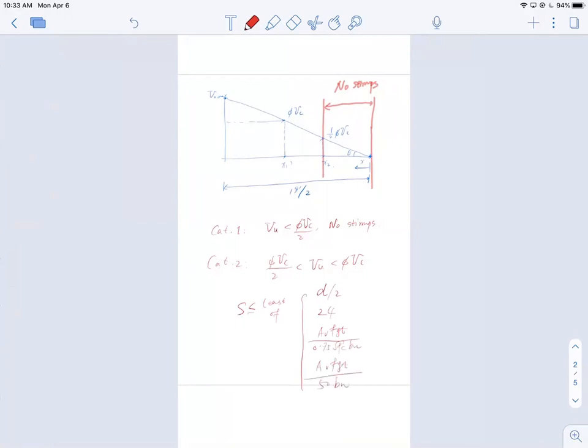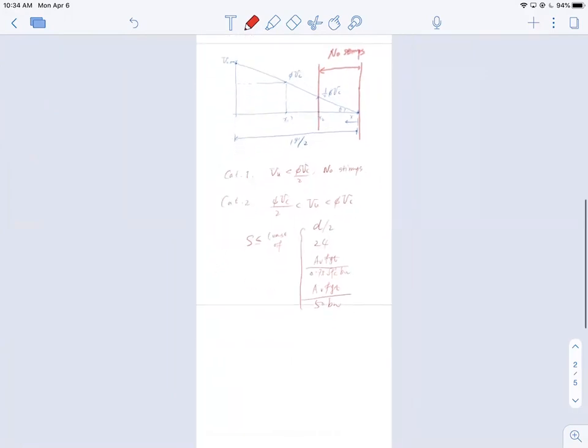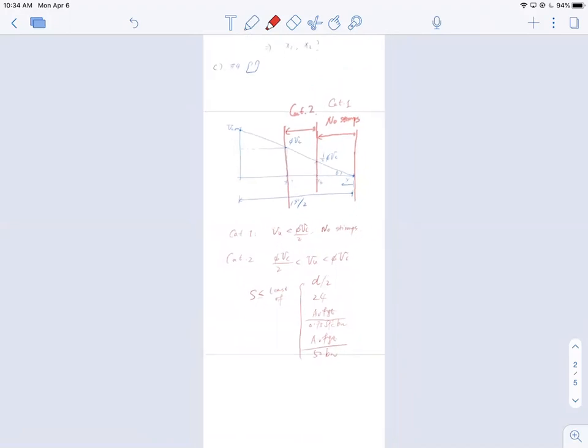That is the requirement for spacing. Before I go on, I'm going to label this category 1. And this is category 2.